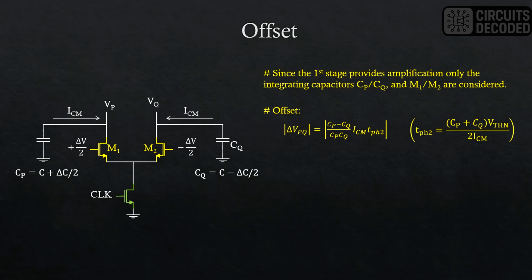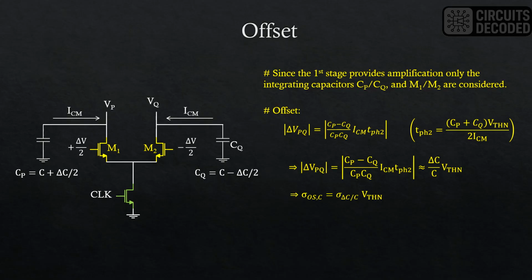Here, TPH2 is given by the average of Cp and Cq times the threshold voltage over ICM. Substituting TPH2 in this expression, we can further simplify the offset voltage as shown here. Here, delta C is the total mismatch between the two capacitors. With this, we can write the standard deviation of the offset voltage as shown here.